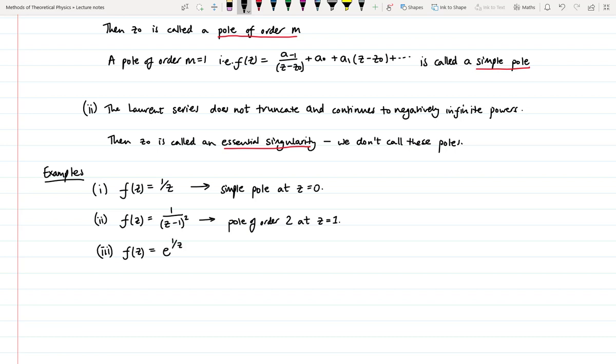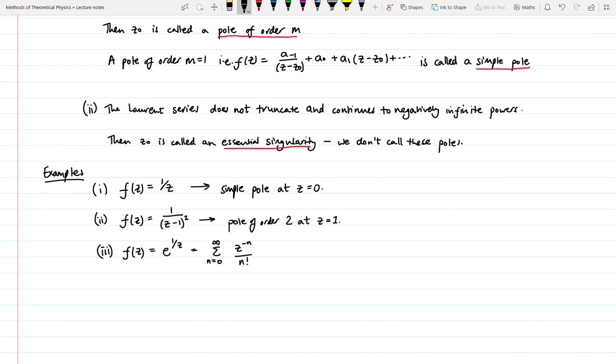What about this function? Well, if we put in z equals 0, then we clearly see that the function is singular at that point. We can use the normal series expansion of the exponential function and substitute in 1 over z to get that this is the sum from n equals 0 to infinity of z to the minus n over n factorial.